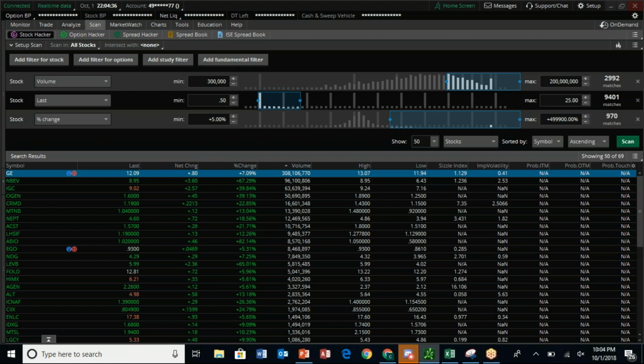When we look at net change, the cost of the stock has a lot more to do with it. It can skew the net change a lot, because on GE, being $12.09, the net change is 80 cents. But if the stock was $1, an 80-cent move on $1 obviously has a much larger percent gain than just 7%.